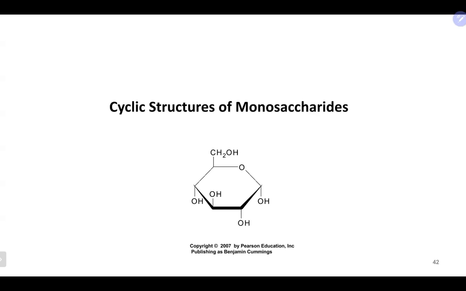All right. So let's talk a little bit, though, about the cyclic structures of carbohydrates. So in that straight chain form, sugars can exist, but they oftentimes will close up on each other and make a cyclic compound, very much like what you see in organic chemistry. And when they close in on each other, they pretty much will make 2 types of rings.